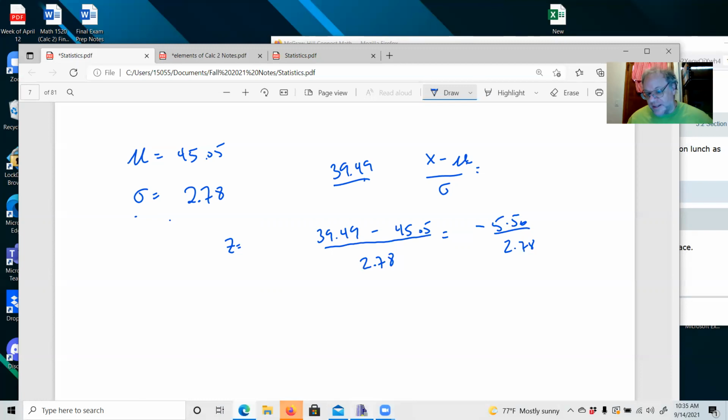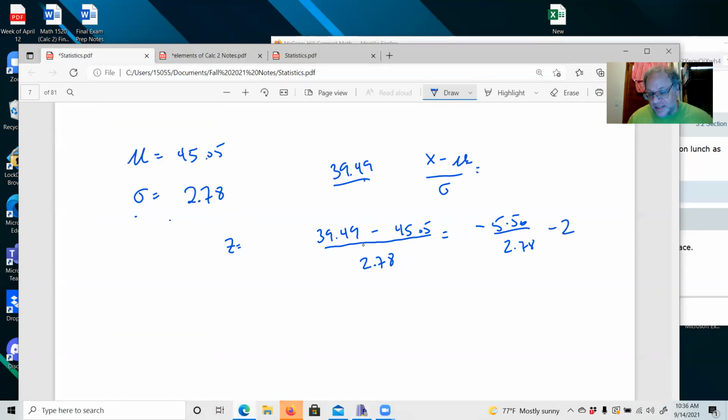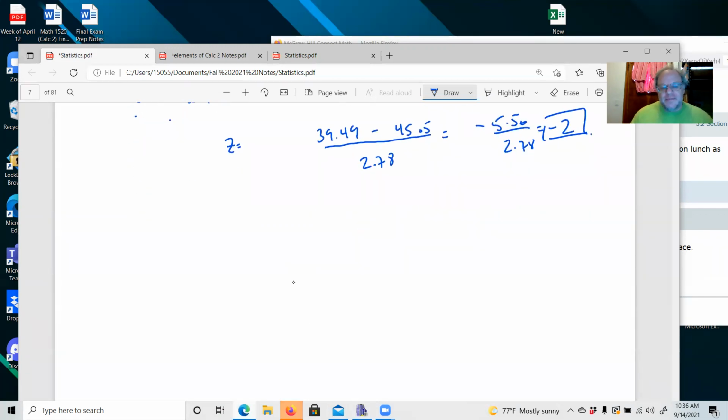By the way, the other thing about this is in this chapter, they should all come out to be plus or minus 1, plus or minus 2, plus or minus 3. With 2.78, that is not true. We get to this in chapter 7. That's not true, because we will come back to this. So we have -2 here.